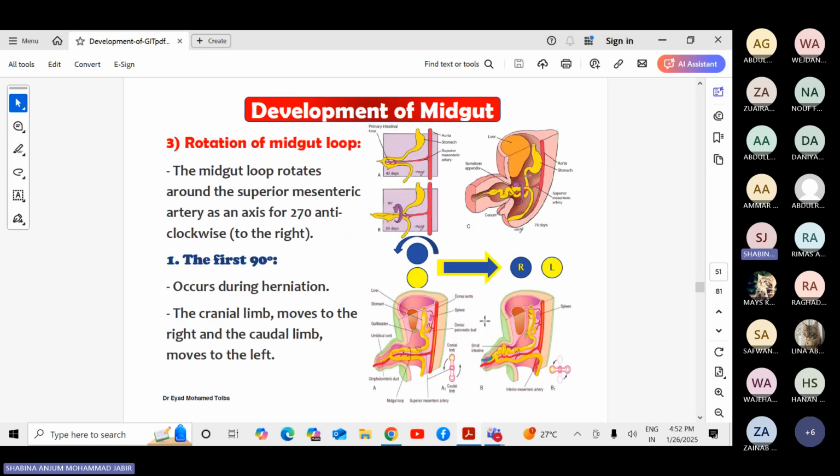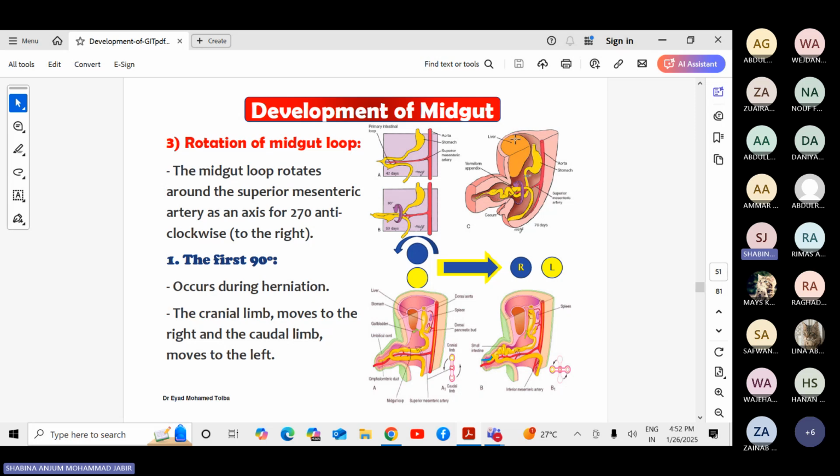In the next slide, I can show you. So this is the swelling. Now this is in the umbilical cord, you can see here. Now all the parts will go, only the cecal swelling will be remaining.